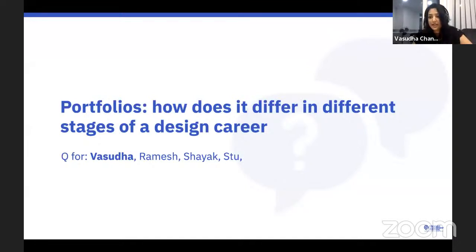Let's say if it's an illustrator, you must have different design styles. You shouldn't stick to one style, because that means if the company changes, you can't adapt to something different. Similarly, for product designers or marketing designers, they're looking for variety of work so that we can see the person can come in and adapt quickly.